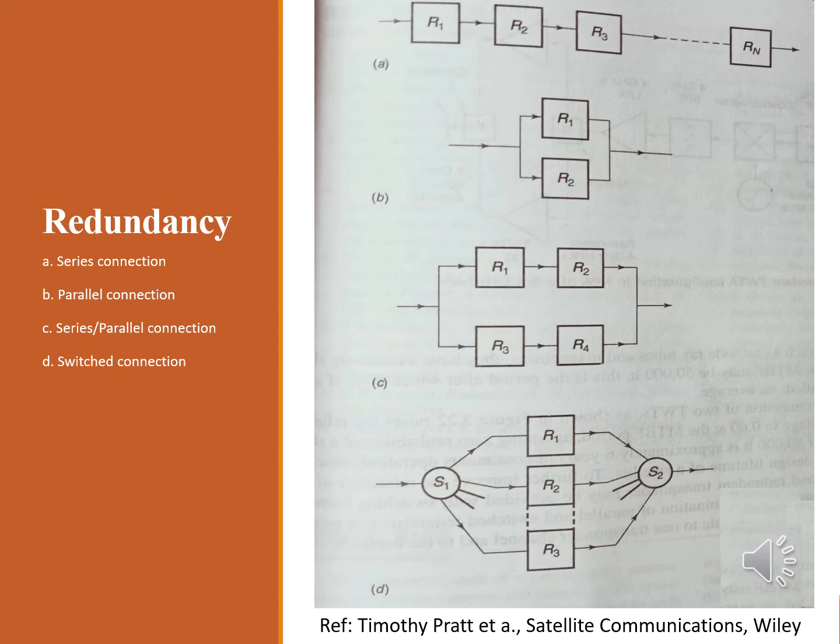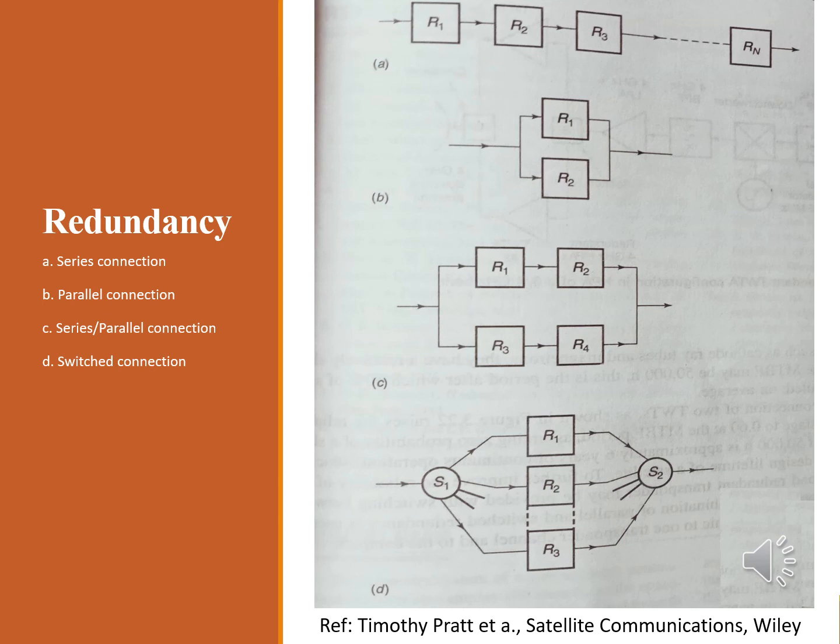The first, as shown in figure A, is the series connection, which is used in solar cell arrays. Second is B, parallel connections. Here R1 and R2 are equipments used. R1, R2, R3 and so on are equipments or subsystems used in satellites. The parallel connection is used to provide redundancy of the high power amplifiers in satellite transponders, for example, traveling wave tube amplifiers.